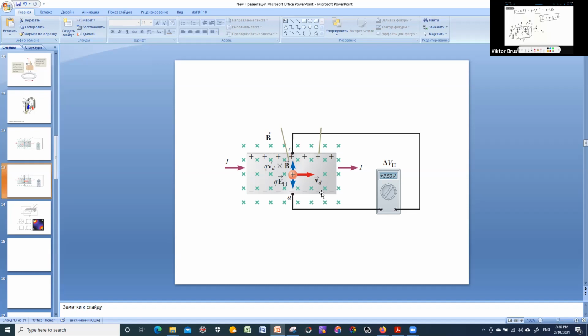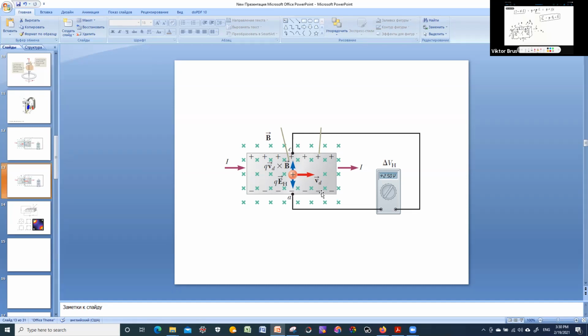In order to have electrical neutrality, positively charged holes should be compensated by negatively charged acceptors, those atoms which were added to the semiconductor in order to increase the concentration of holes.